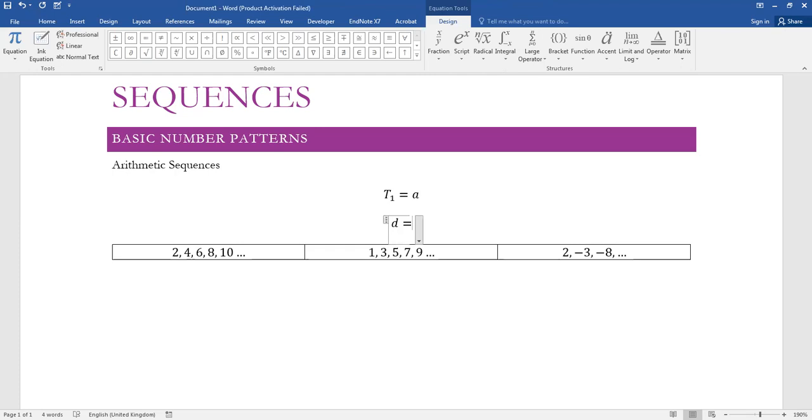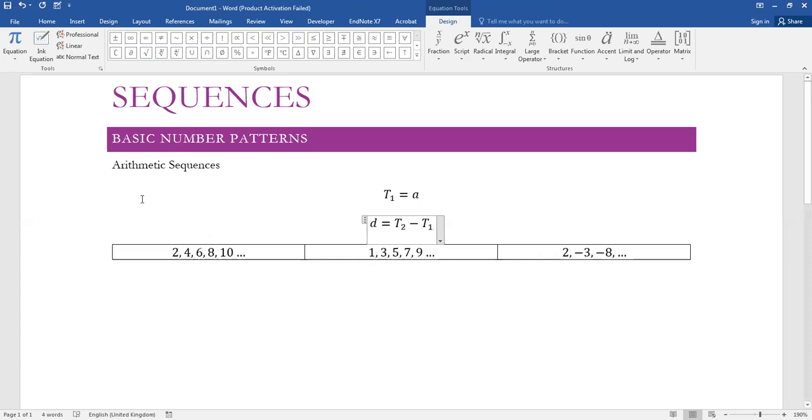How do we find the common difference? We can subtract any two consecutive terms. We can take the preceding term. For example, I take t2 and I subtract t1 from it. And I can get my difference between two consecutive terms, which is constant or common in any arithmetic sequence. Okay?